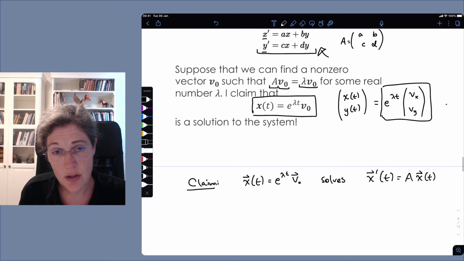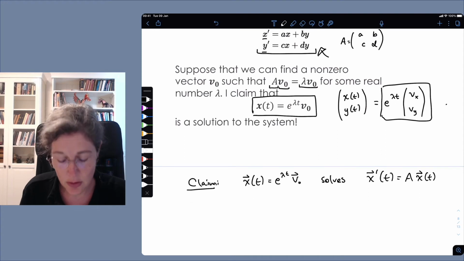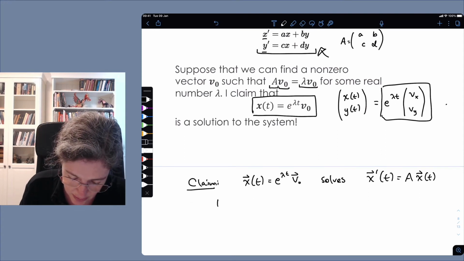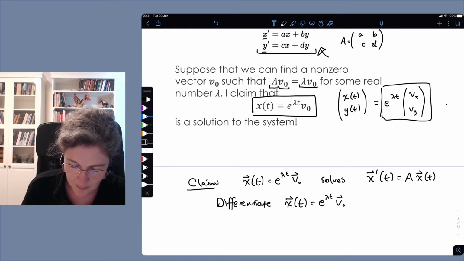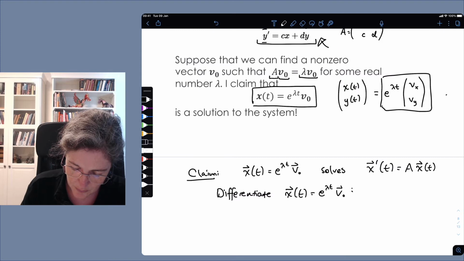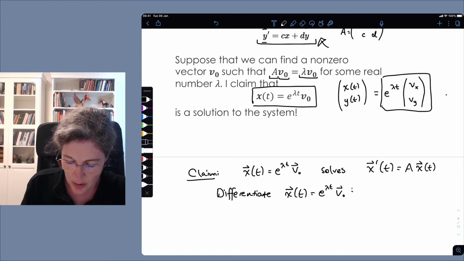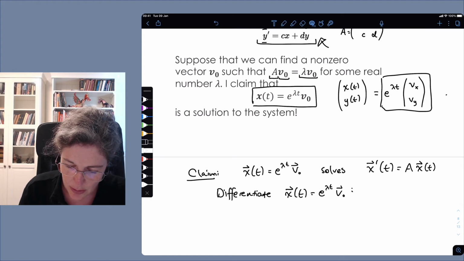Well, to check that it solves it, let's just differentiate it. So I'm going to say, let's differentiate. That might look a little bit hairy. Let's differentiate it in this form over here.